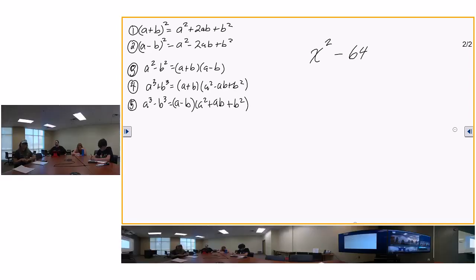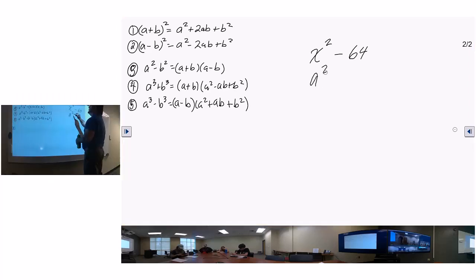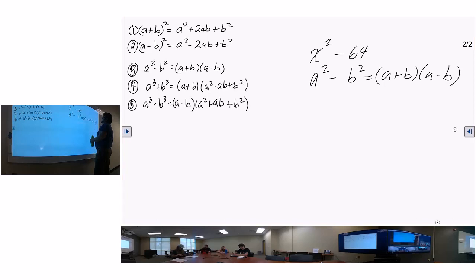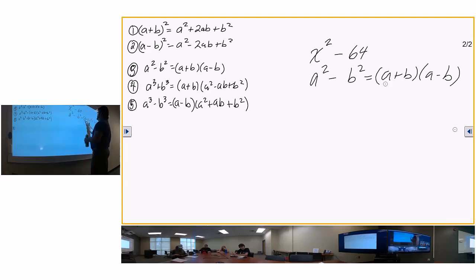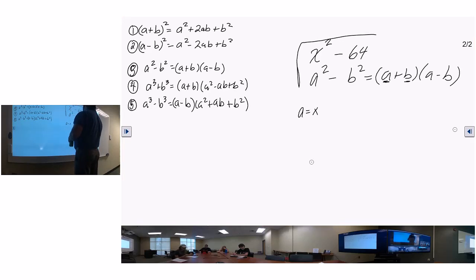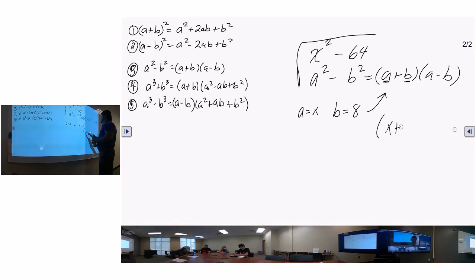So you've come down to shortcut number 3. A squared minus b squared is equal to a plus b times a minus b. Well, this is not going to do you any good because you need a and what? B. So you take the square root of all that. And you get a is equal to what? X, and b is equal to what? 8. And then you plug in what? Plug and chug. X plus 8, x minus 8.